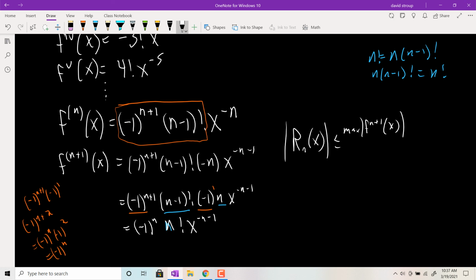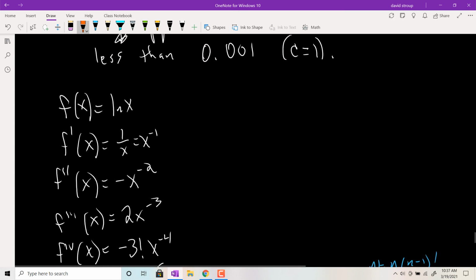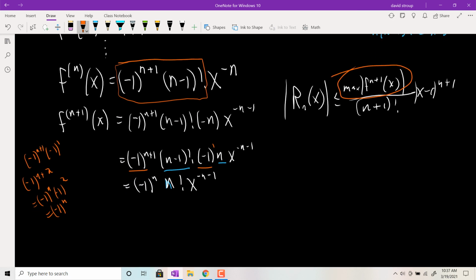So it's the max on the interval from 1 to 1.2, all over n plus 1 factorial, times x minus c to the n plus 1. Originally I thought maybe I had to build the polynomial, but I'm not going to, because we really don't even need that.